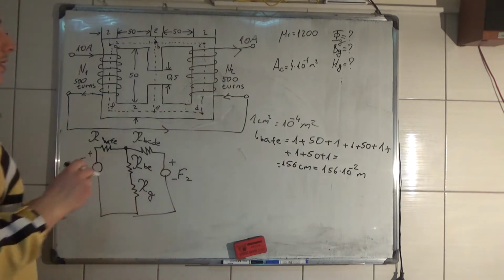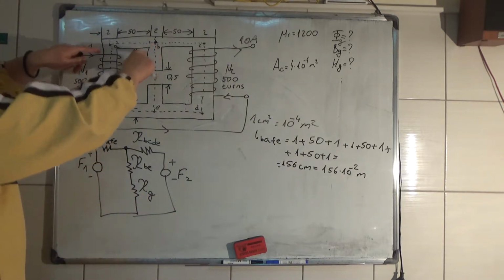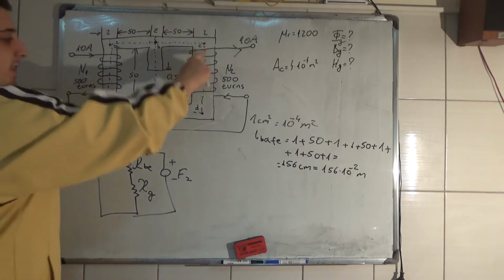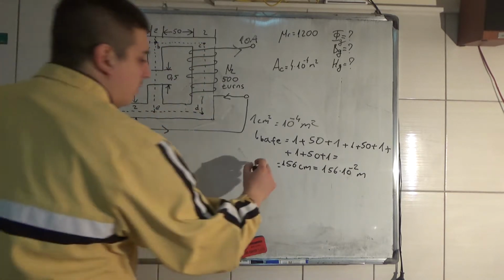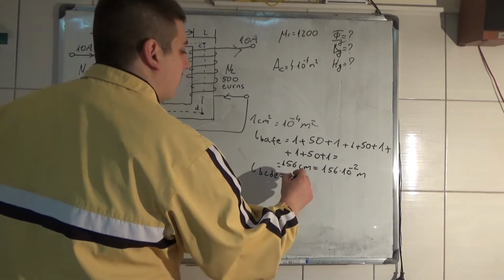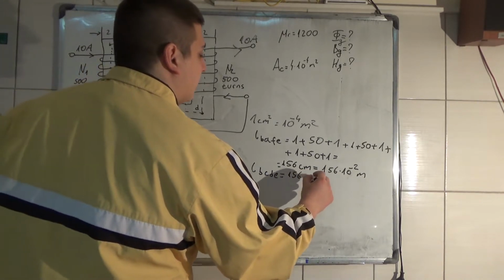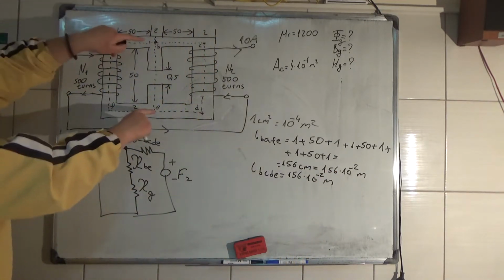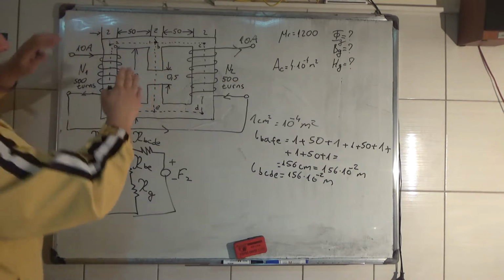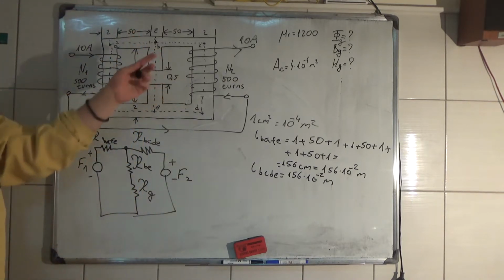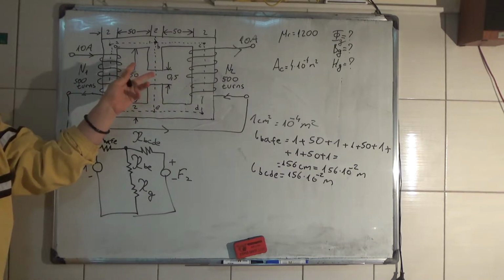Okay, but as you can see, from B, A, F and E, it's the same length as from B, C, D and E. So the length from B, C, D and E is equal to 156 times 10 to the minus 2 meters. Now from B to E we have 50, but here we have an air gap of 0.5 centimeters.